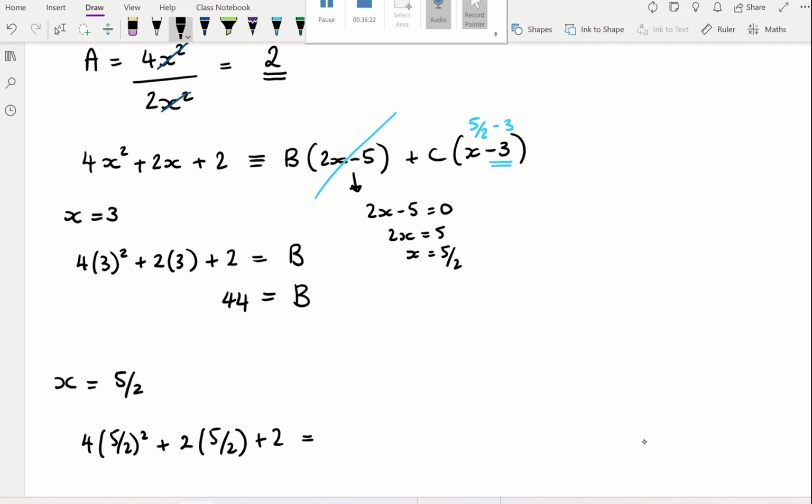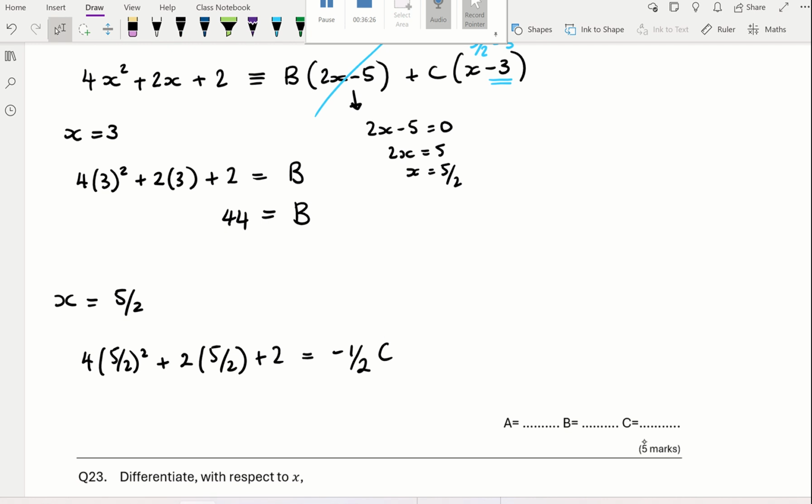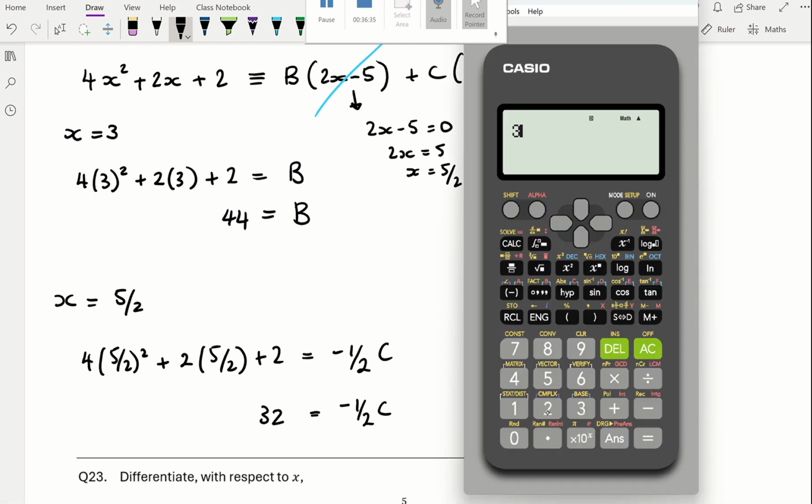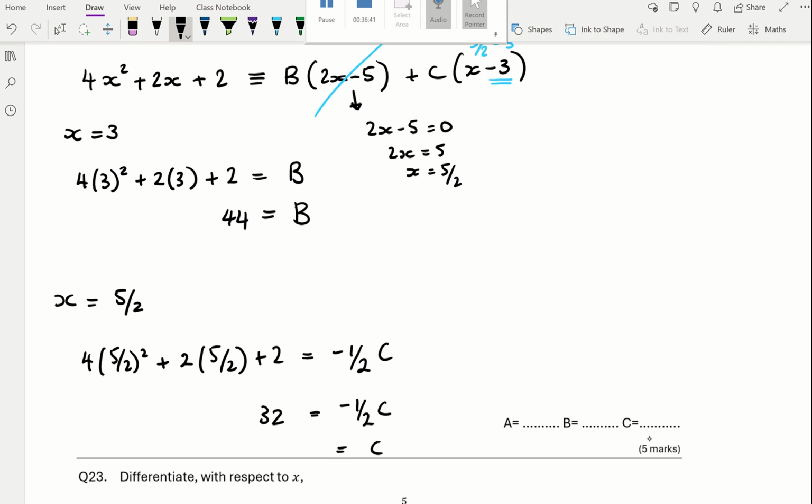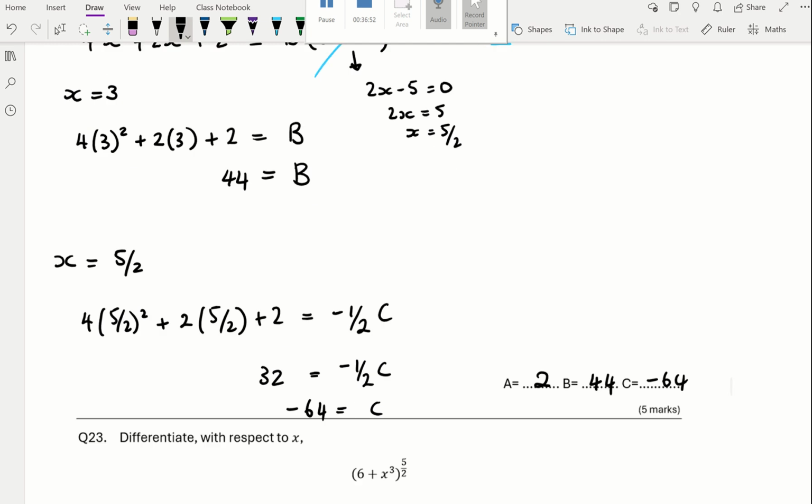And this gives me negative a half c. So negative a half c equals 32. Divide 32, so 32 divided by negative a half gives me c equals negative 64. So a is 2, b is 44, and c is negative 64.